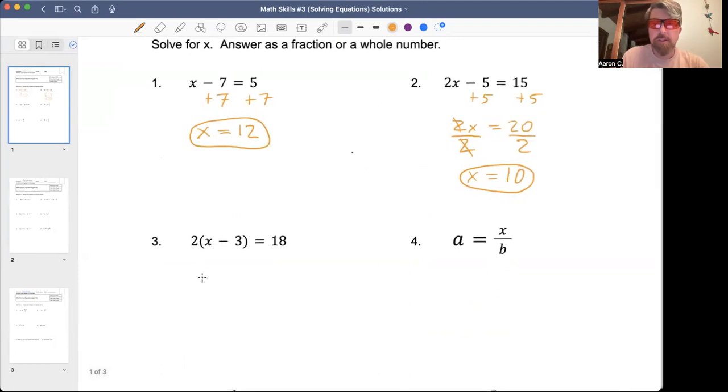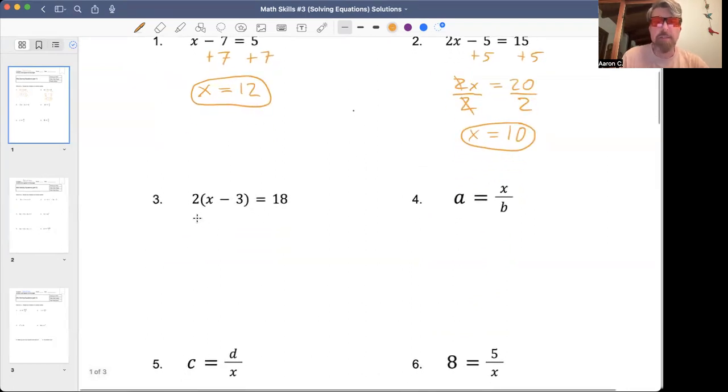Now we're going to do one that's got a distribution in it. There are actually two ways we could do this. I'll just do both ways and you can choose which way you like better. One way is we could multiply the 2 by the x and multiply the 2 by the negative 3. So we have 2x minus 6 equals 18. We're distributing that through.